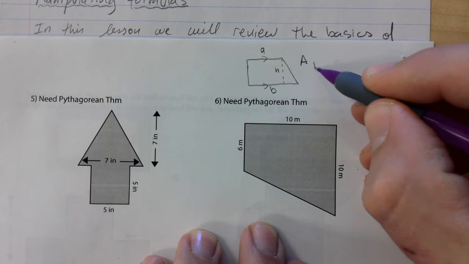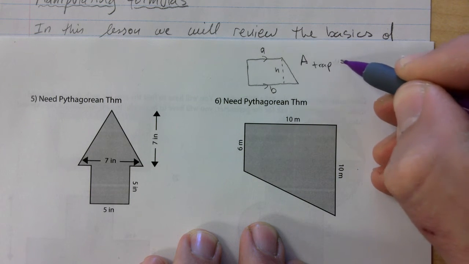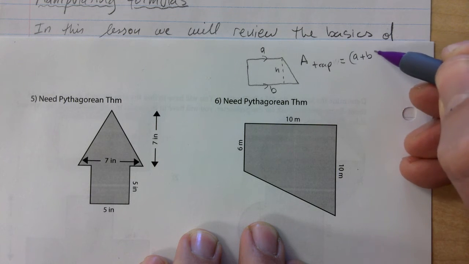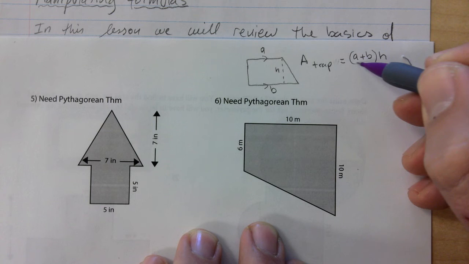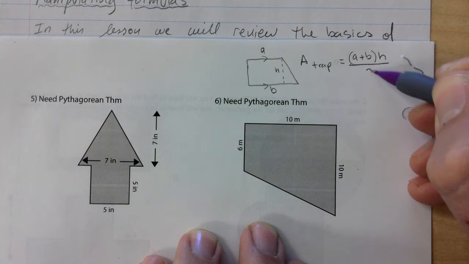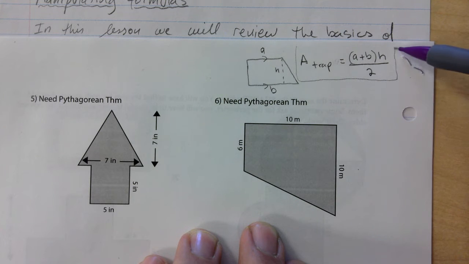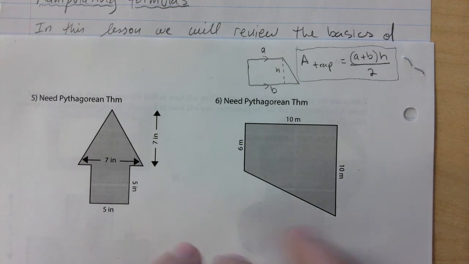So the area of a trapezoid is going to be A plus B times the height divided by 2. I would add that to my study sheet right now, just in case.